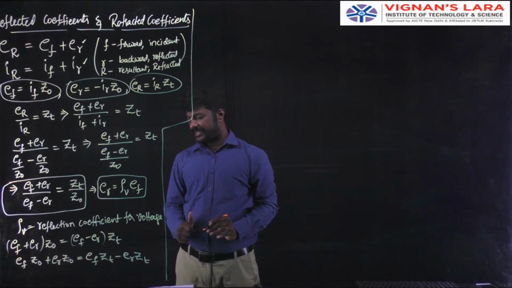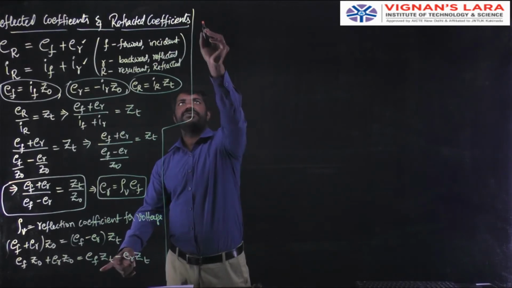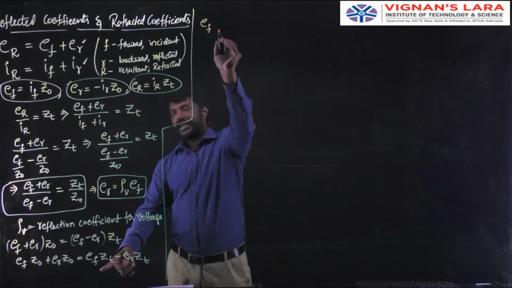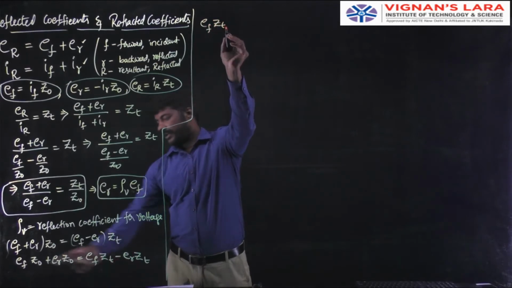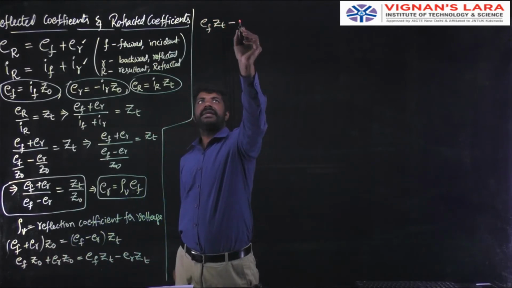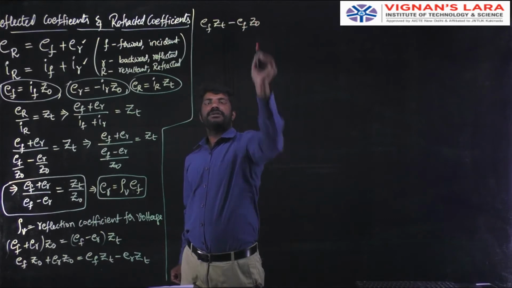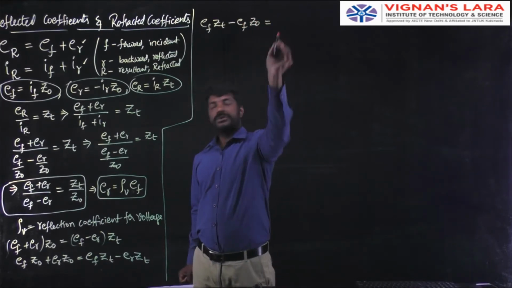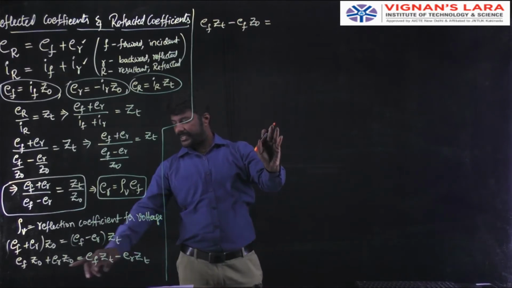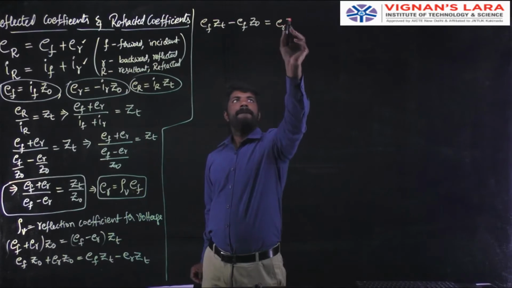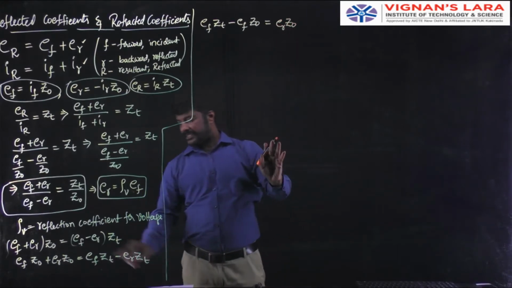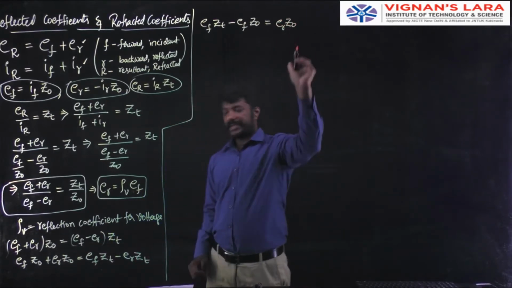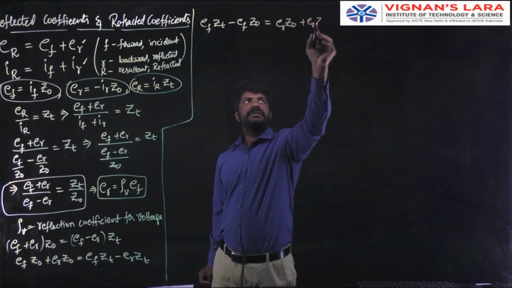If you rearrange them, first the forward quantities I am writing: EF ZT minus EF Z0, which is equal to the reflected quantities lying on the other side, ER Z0. Bring this term to this side. We can write that as plus ER ZT.